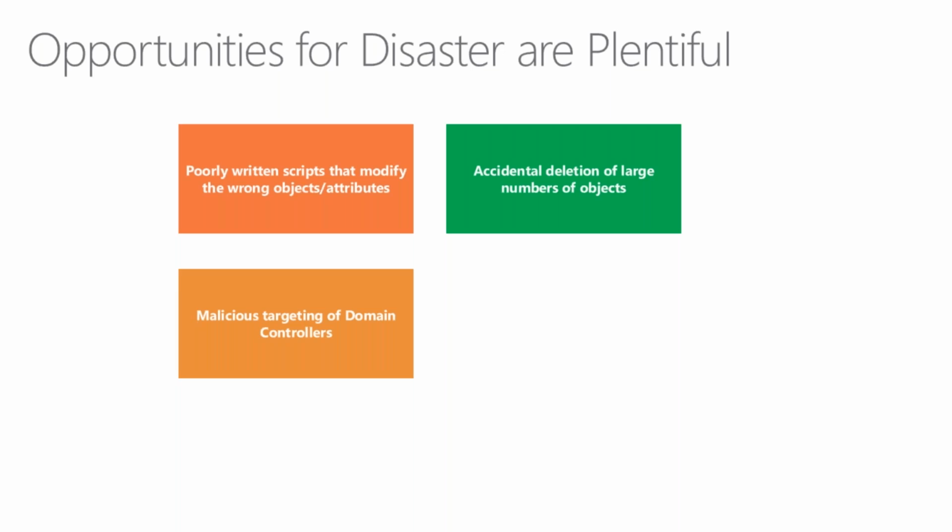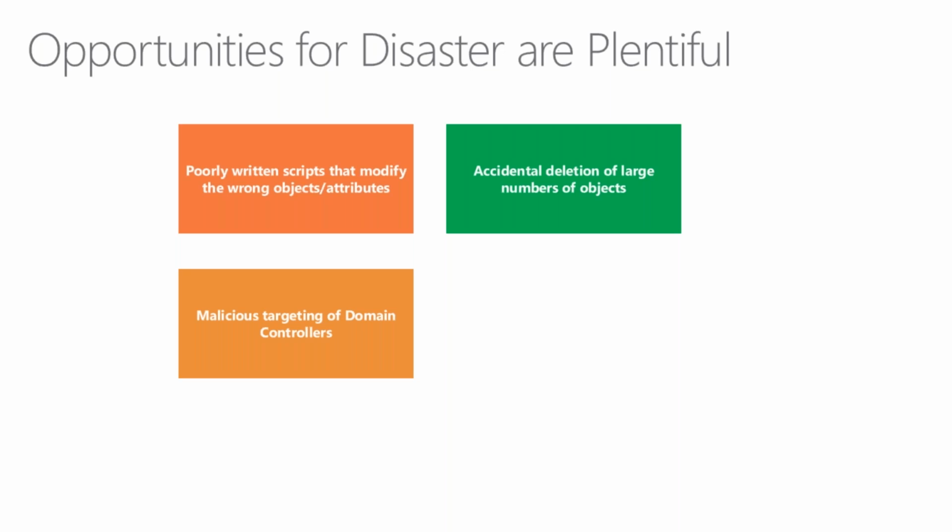Malicious targeting of domain controllers. We saw with, I think it was the NotPetya ransomware, that was specifically looking for domain controllers in the code that was going out and looking at places to encrypt. And if you had all of your domain controllers encrypted by some ransomware that was running around your network, that's not a great recipe for having a high availability Active Directory.